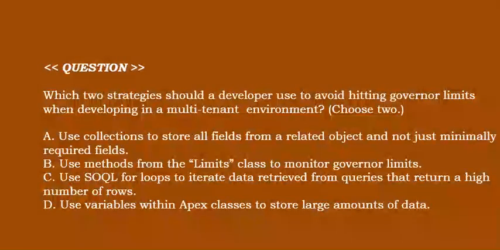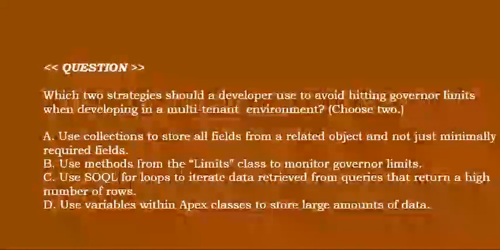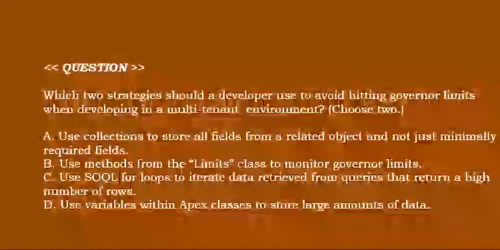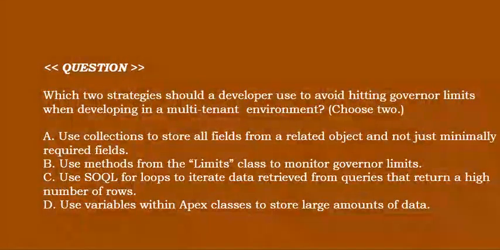Next question is, which two strategies should a developer use to avoid hitting governor limits when developing in a multi-tenant environment? Choose two options. Option A, use collections to store all fields from a related object and not just minimally required fields. Option B, use methods from the Limits class to monitor governor limits.